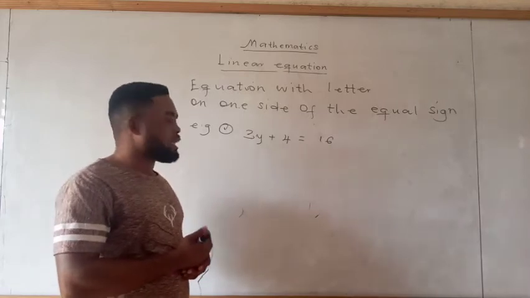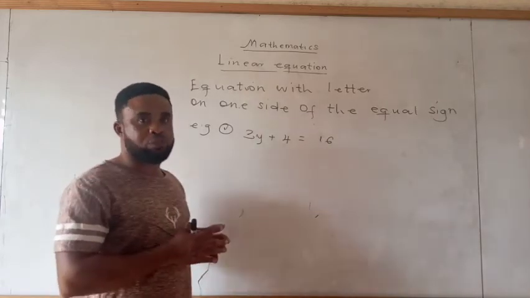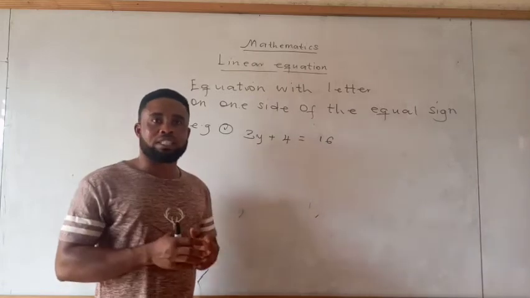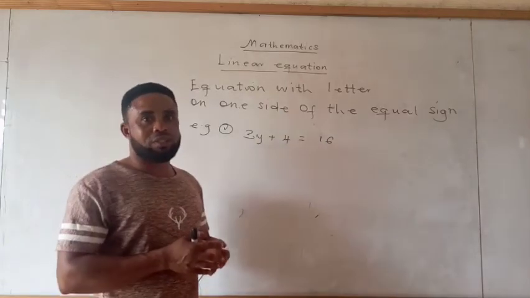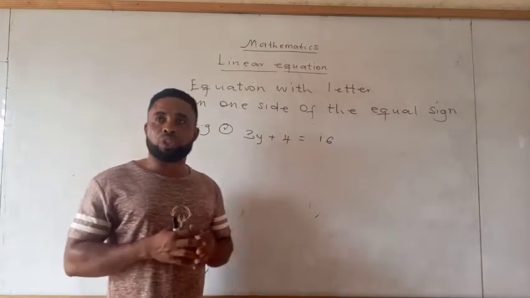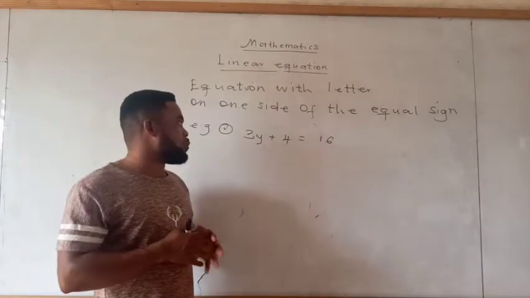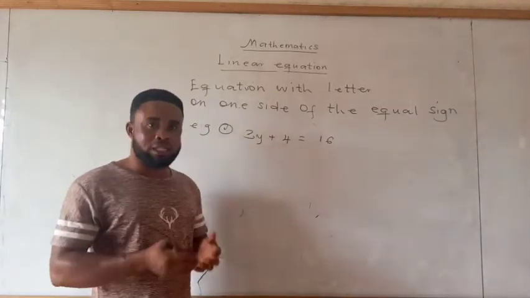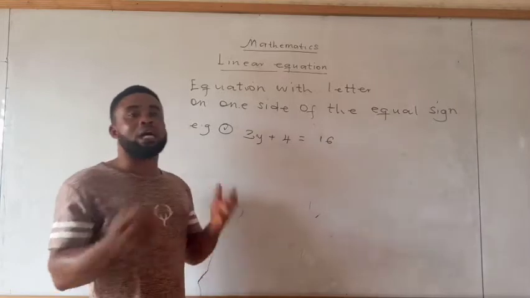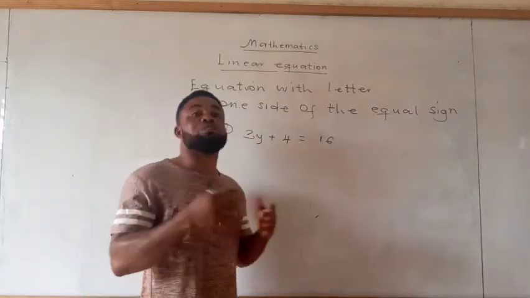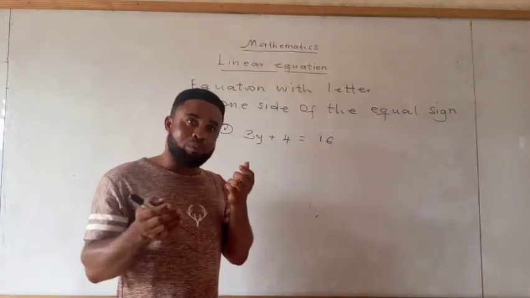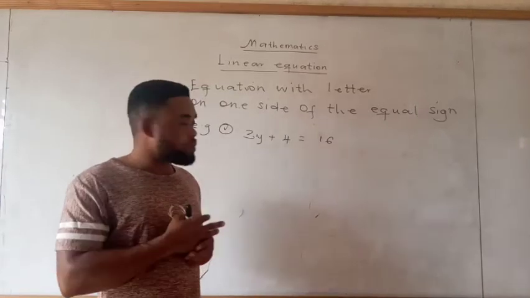But we shouldn't forget our principle, which is known as inverse operation. Inverse what? Operation. The inverse operation, when it is adding, we subtract. When it is subtracting, we add. When multiplying, we divide. I hope you know them already.